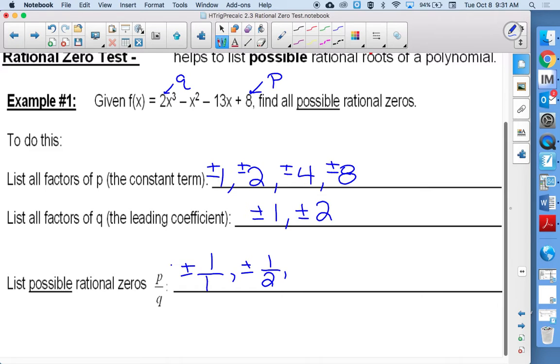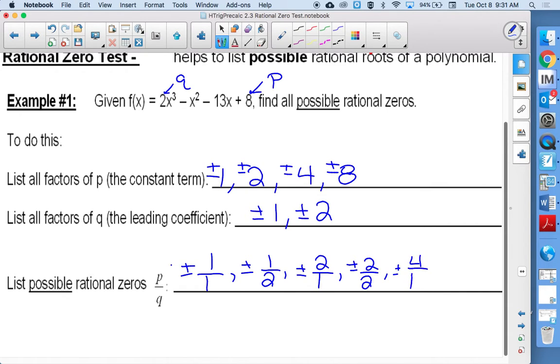And then I'm going to continue that fashion, going to the next p value and dividing it by both q. So my next p value is 2, and then divided by 1. And then I have 2 divided by 2. So I'm just taking p, dividing it by each q.